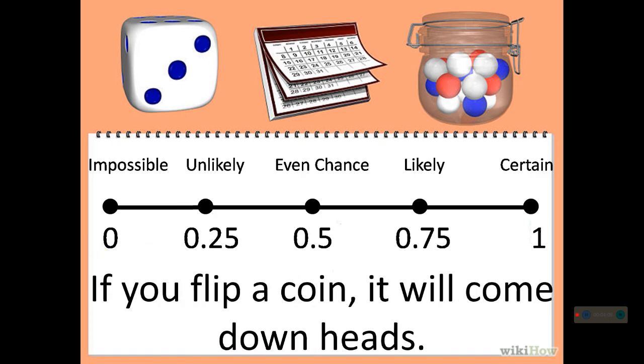If you flip a coin, it will come down heads. Is it impossible, unlikely, even chance, likely, or certain? That's correct. We have the even chance, because if you flip or toss a coin, you will only have 2 results. It can be a head or a tail. So that's why it is 50-50.